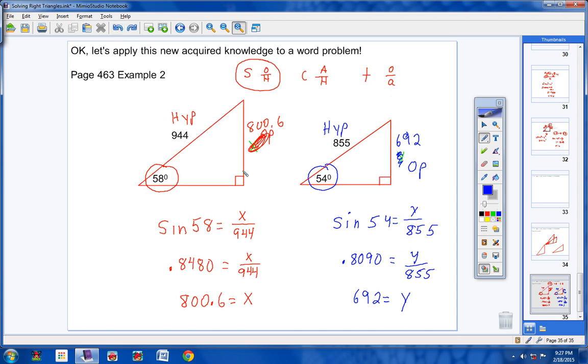You're going to take this whole length here, which is 800.6, and you're going to subtract from it this length here, 692. Okay, so here we go. If you do that quickly, you're going to get 108.6. Okay, I think the book had 109, which is just the difference in where you rounded. Okay, so there we go.